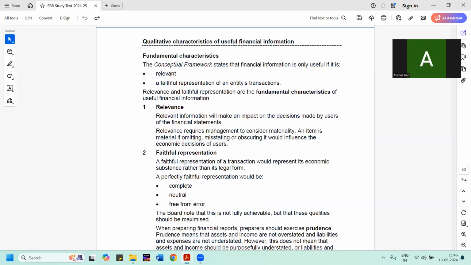is only useful when, firstly, it is relevant. Relevant information is the only way I could make the information useful to me.